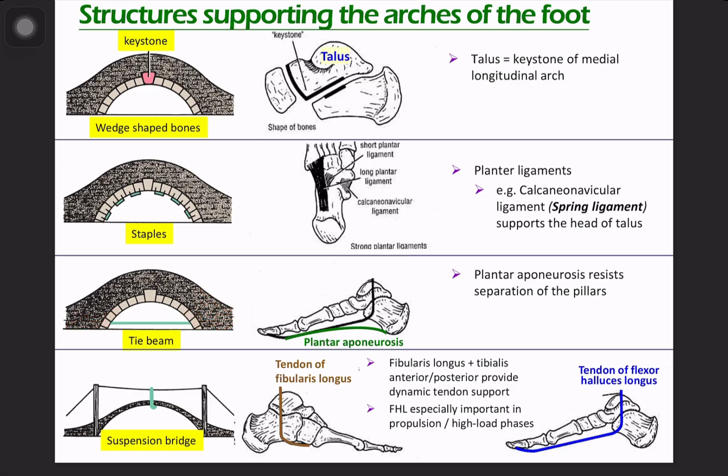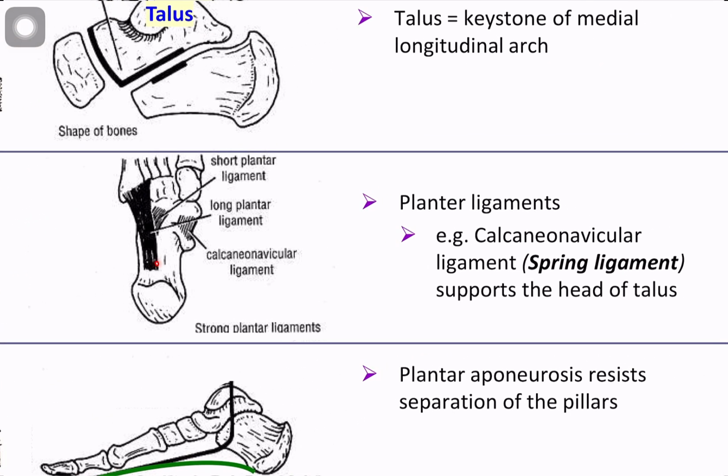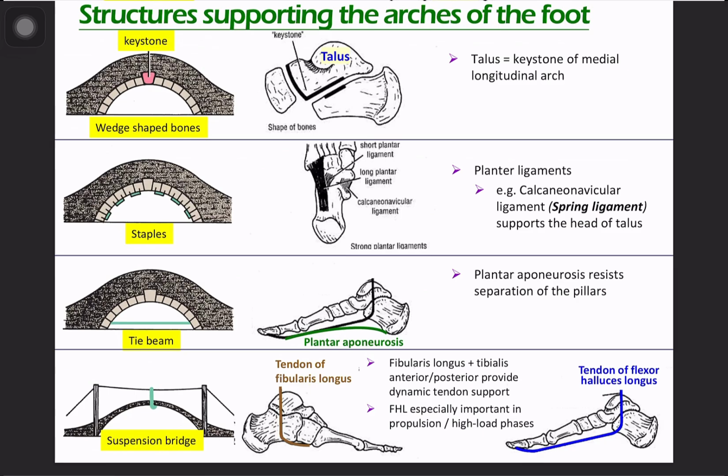Third, we have the plantar ligaments, the short and long plantar ligaments, shown here: this is the long, this is the short, and then we have the spring ligaments. These ligaments act like staples. Here you see the staples. These ligaments anchor the bones together, preventing displacement when force is applied. Here you see a suspension bridge.